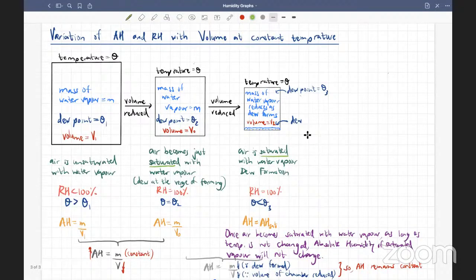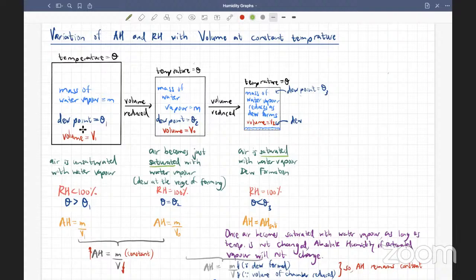Okay, fine. So guys, this is the basic idea about how relative humidity and absolute humidity change with change in volume. When you reduce the volume, these things will happen.